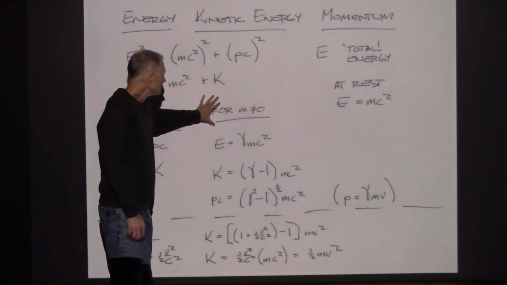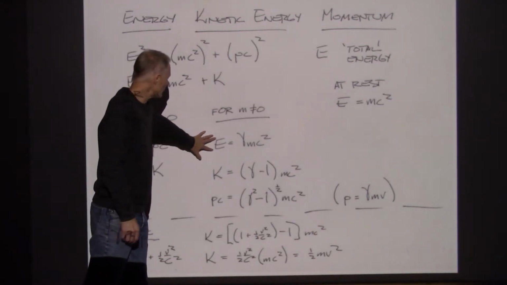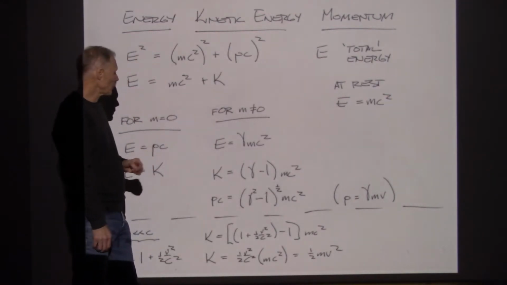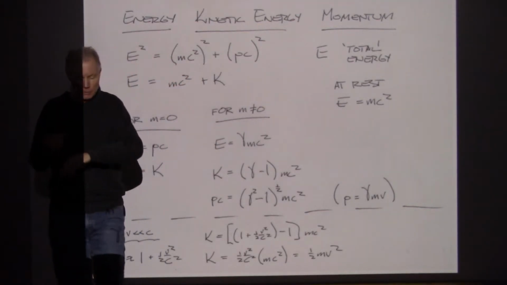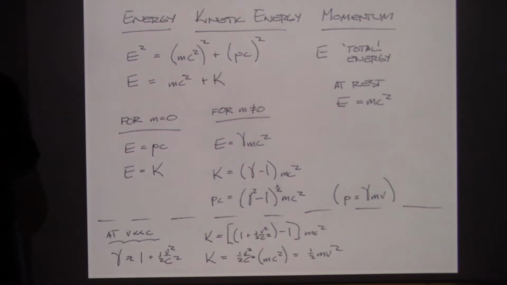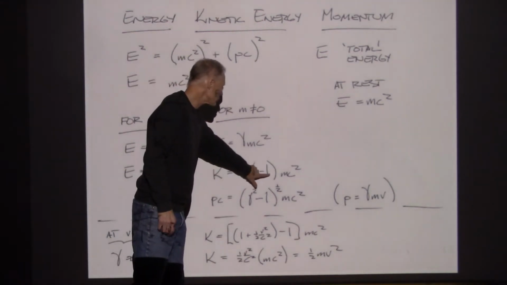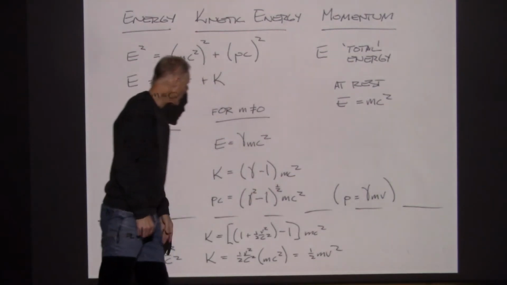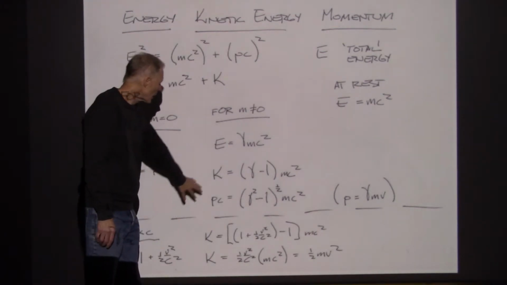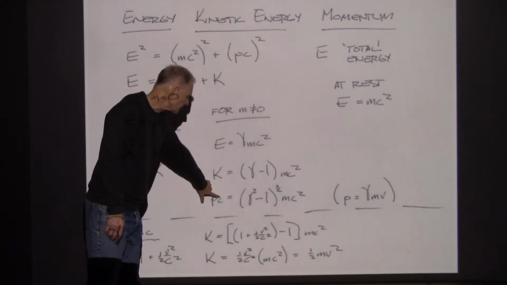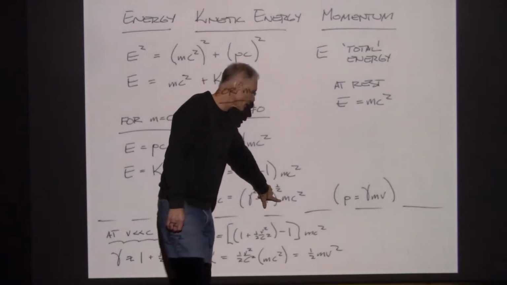Now, if we have objects that do have mass, it turns out that the total energy can be written, now we haven't shown the derivations on these, but the total energy can be written as gamma times mc squared. And the kinetic energy then can be written as gamma minus 1 times mc squared. And the momentum, there's a couple different useful formulas here. Momentum times c is equal to the square root of gamma squared minus 1 times mc squared.